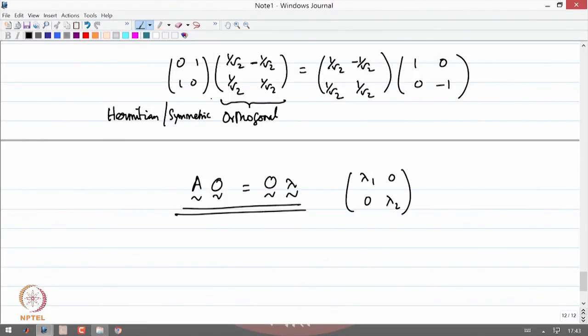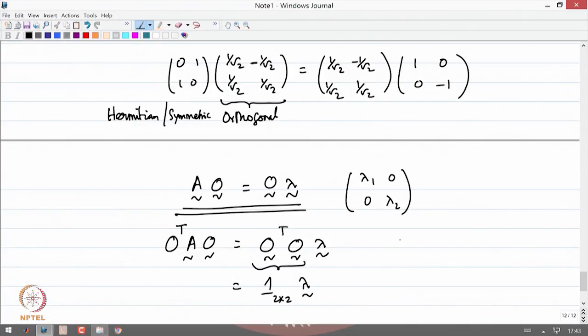But what is important is, if now you multiply by O transpose on the left hand side, and you have this matrix A and O, then you have O transpose on the right hand side also multiplied on the left, and O times the lambda matrix, and you know for an orthogonal matrix, this is the identity matrix 2 by 2 times lambda.